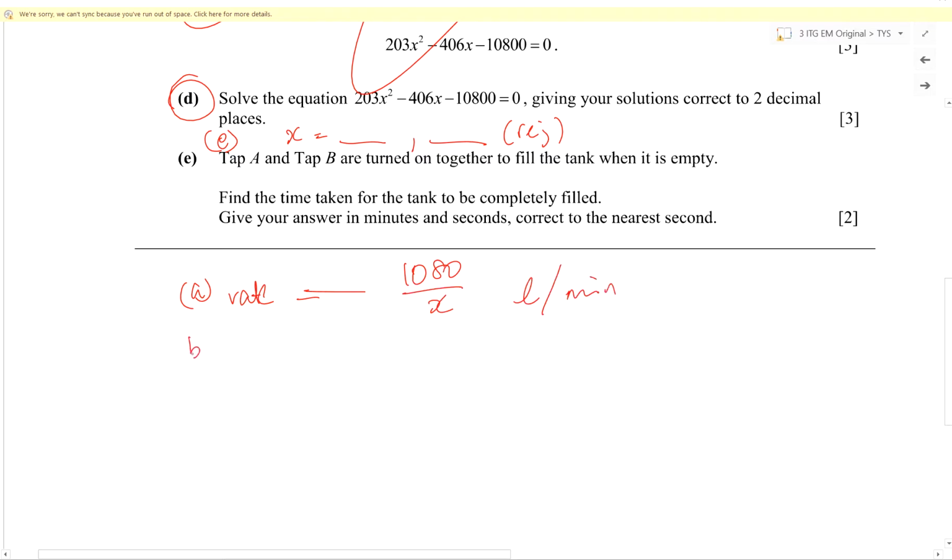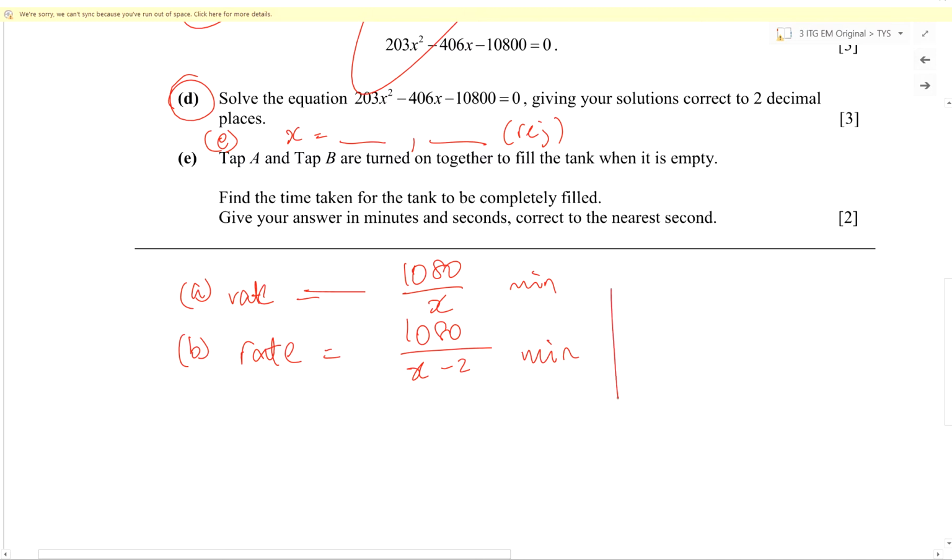In part B, the rate is 1080 over time taken. Okay, this is the time taken to fill up the tank, right? When you turn on two taps at the same time, faster. Yes, it is faster. How much water goes in per minute?